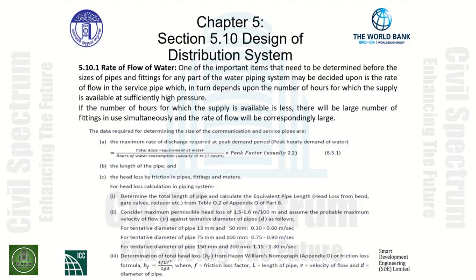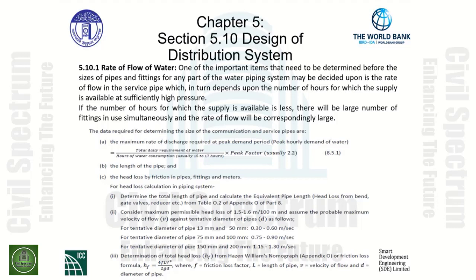This is usually 15 to 17 hours of operation. And we multiply that times the peak factor, which is usually 2.2, depending on what the peak factor is based upon, the use of the building and the building's fixtures.